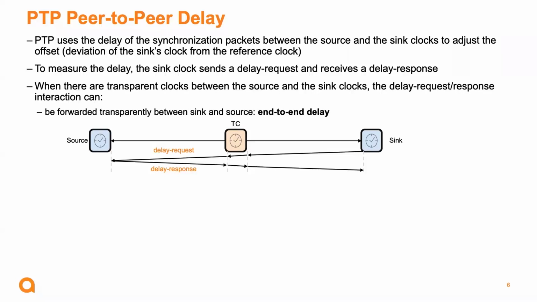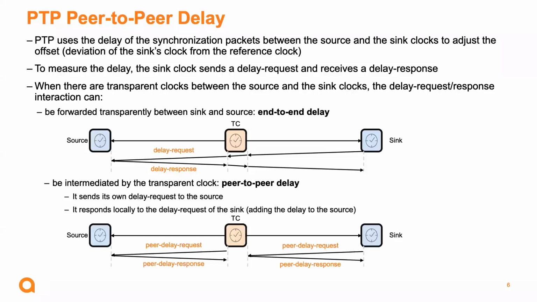So there's another option, it is to do this in steps. Instead of going end to end, we'll do this peer-to-peer. And of course, it's called peer-to-peer delay. So the transparent clock intermediates in that transaction. It will send upstream its own peer delay request and will get its peer delay response.